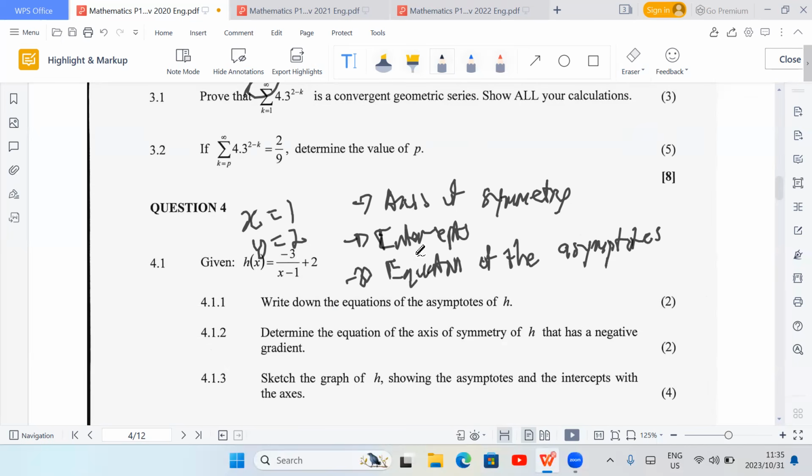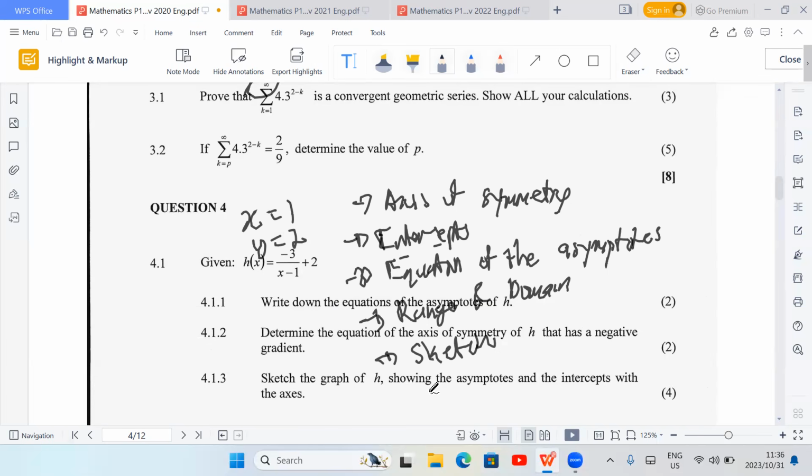Now you have axis of symmetry, intercept, equations of the asymptote. You also have to expect a question on the range and domain. So they will obviously ask about the range or domain, and then also expect a question on sketching, right? With the sketch, we know that you have to include the intercept and the equations of the asymptote. Also, in the statement, it is there.